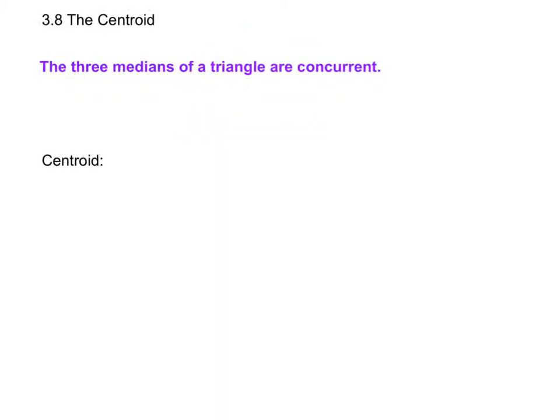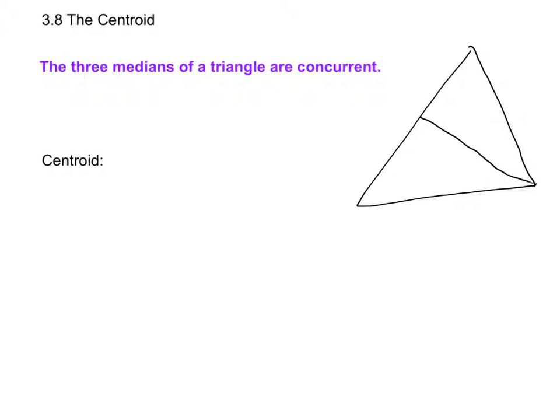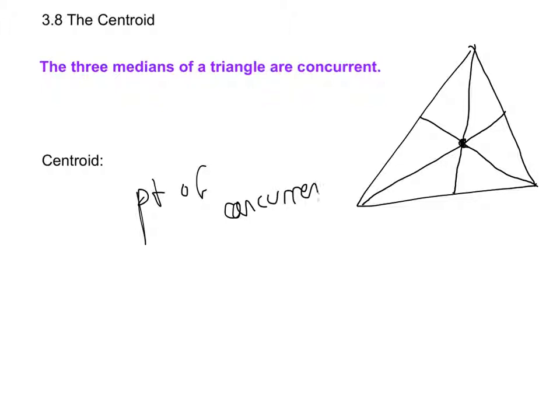Now we have another conjecture that says that the three medians of a triangle are concurrent. Medians go from the halfway point of a segment to the opposite angle. That will look something like that, and as you can see they're concurrent, and that forms the centroid, which is the point of concurrency of the three medians.